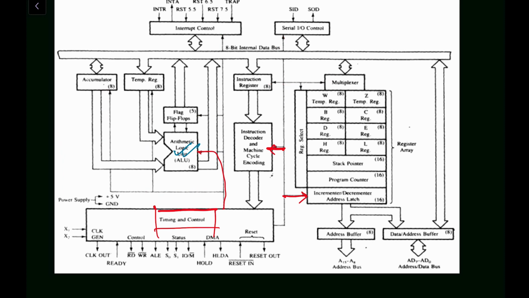So this timing and control unit will generate some timing and control signals that will be used by various components of this processor for a streamlined operation. So it generates the timing and the control signals which are necessary for the execution of the instruction. It consists of data flow between CPU and the peripherals. You can see here so many input output ports.